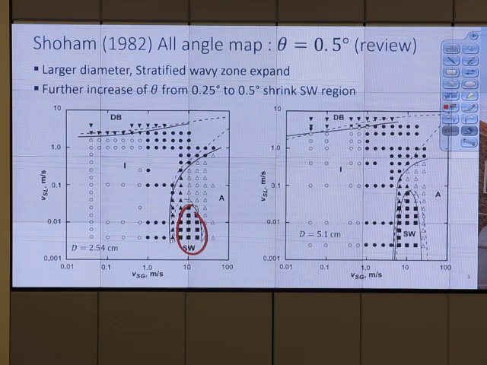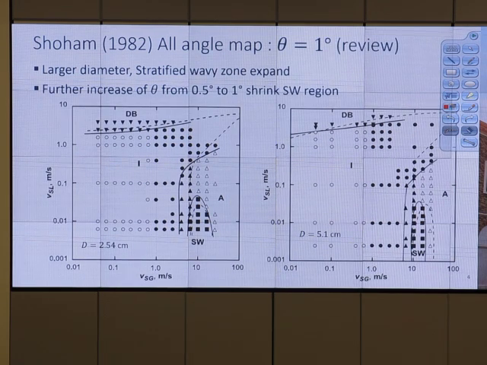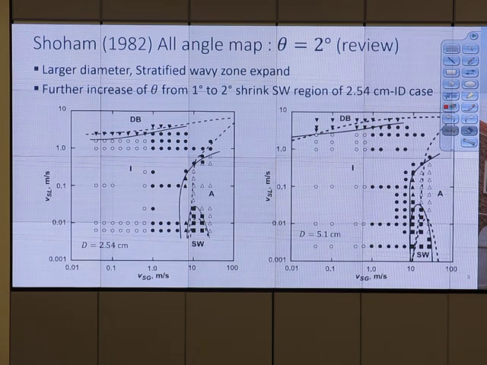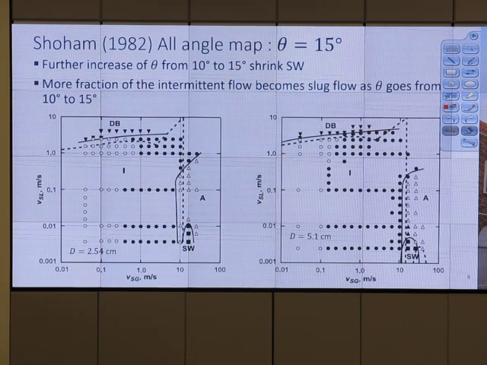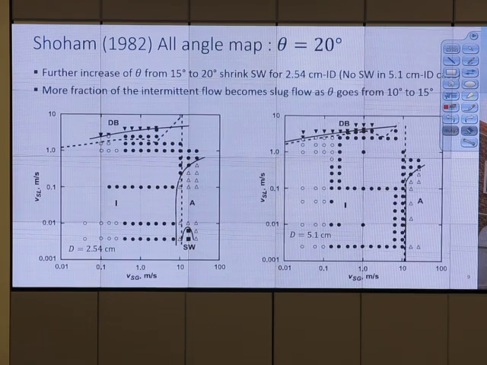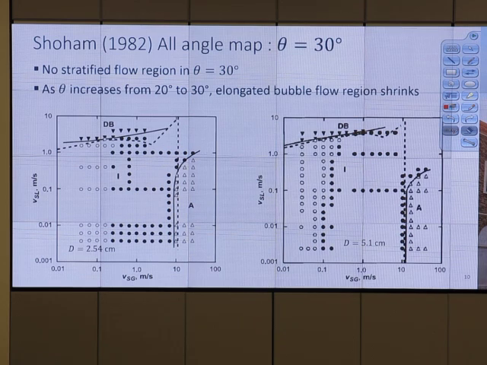The stratified wavy region kind of shrinks. At 1, it shrinks even more. At 2, 5, 10, 15, it's still there. At 20, 30, it's gone completely. So when we increase the angle, the stratified region shrinks and eventually disappears.